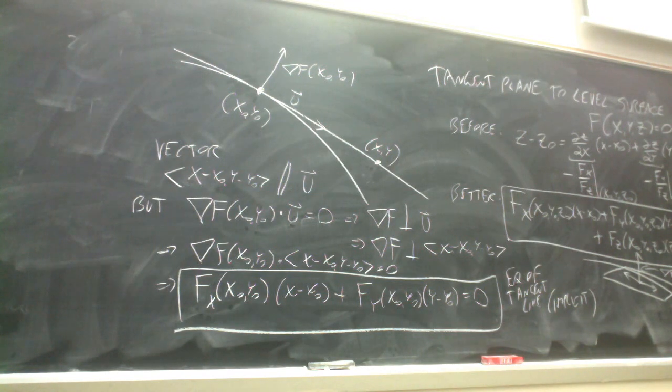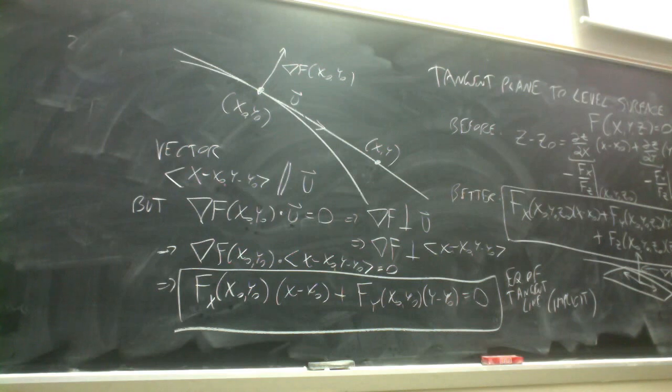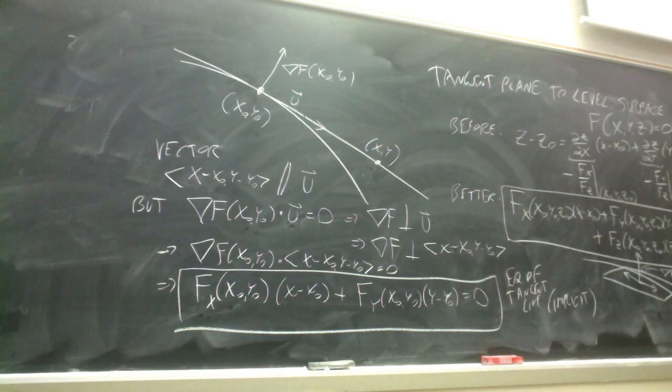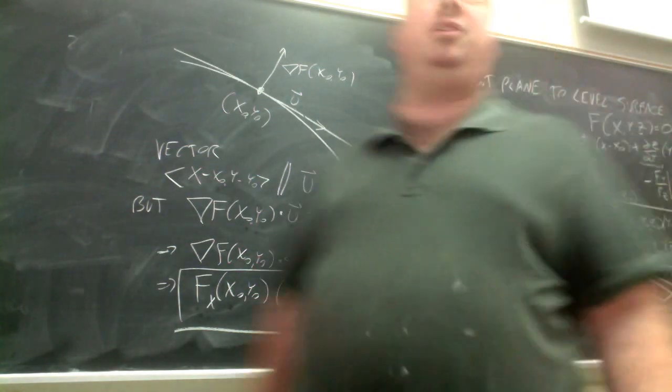It's always equal to 0. So the gradient of f at this point dot u is equal to 0 whenever u is a vector contained within the tangent plane.